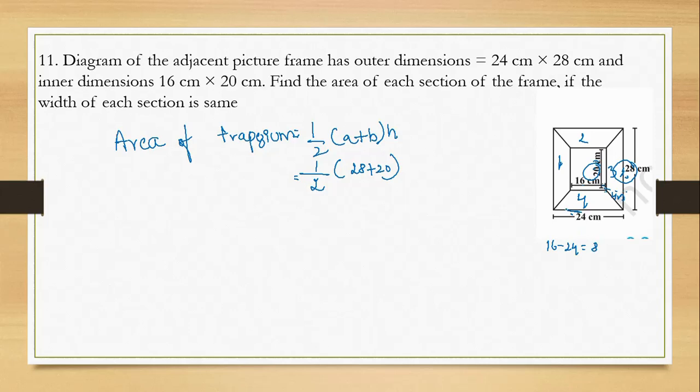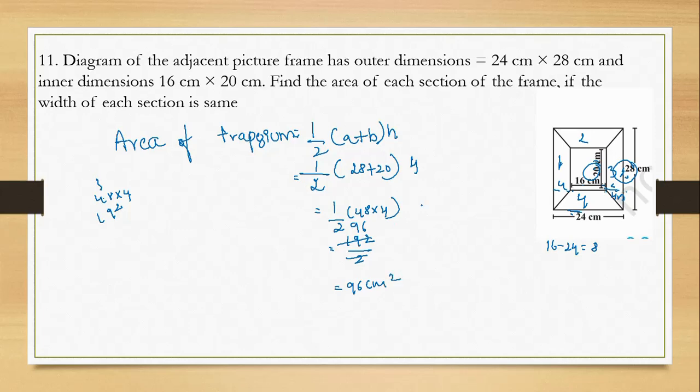So in this 8, one 4 centimeter is here and another 4 centimeter is here, so we consider it as 4. Half into 48 into 4, that is 192 by 2. The area is 96 centimeter square.